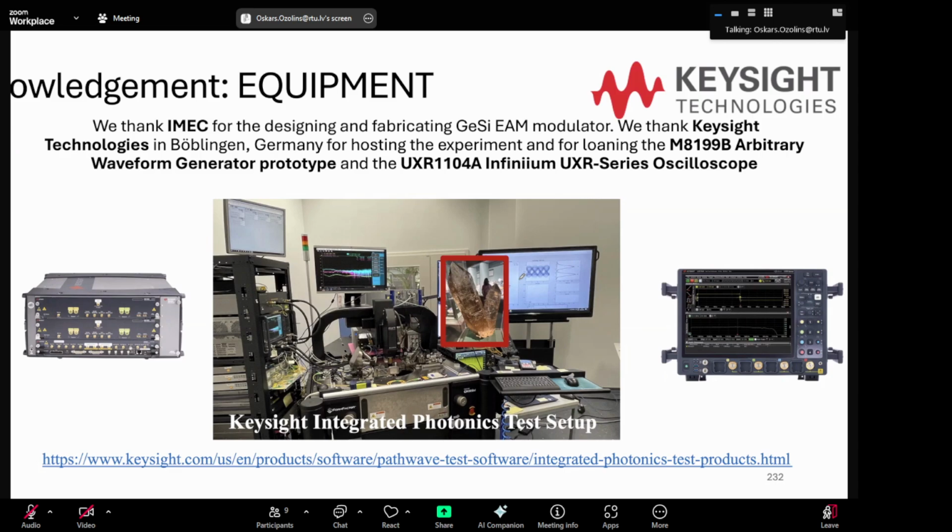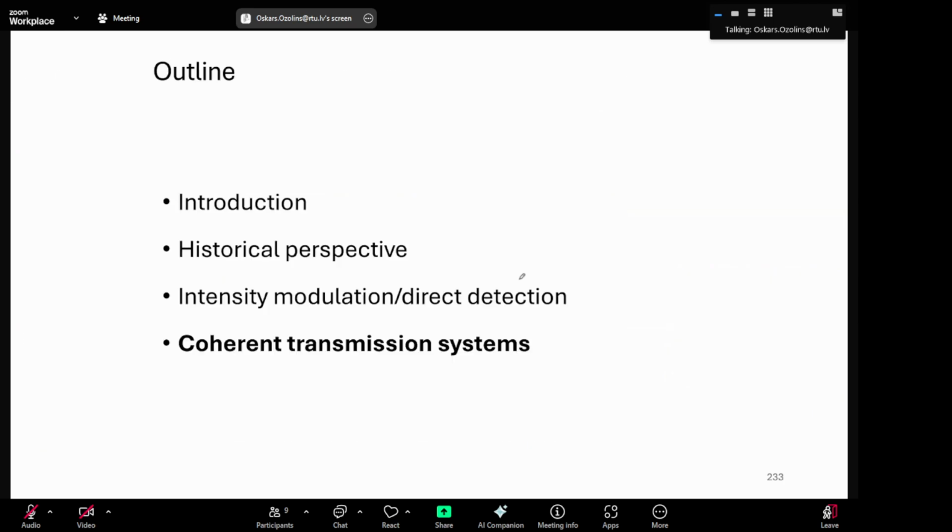So with this slide, I wanted to finish the intensity modulation direct detection topic. And then I think it's time to move on to the second part of this course, where we look at digital coherent optical communication systems.